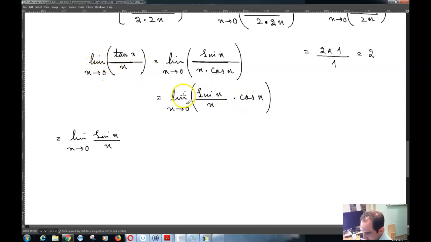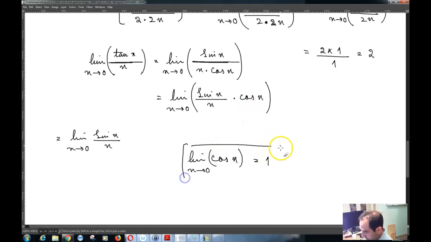Otherwise, for example, if you have the limit of cos x as x tends to 0, that's very simple. You would simply evaluate the value of this function at x is equal to 0, which is equal to 1, and so this part is equal to 1.